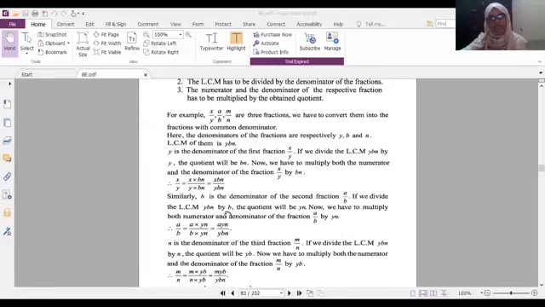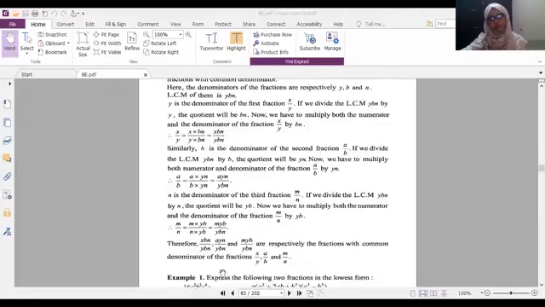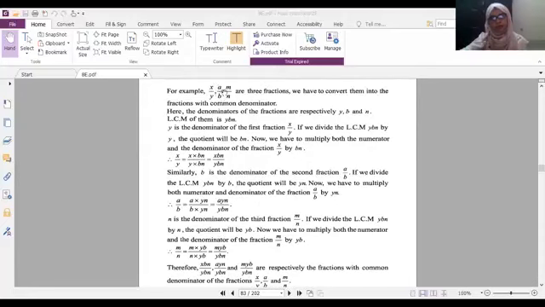Here we see that the denominators of these three fractions are the same. So we can say that xbn by ybn, ayn by ybn, and myb by ybn are respectively the fractions with common denominator of the fractions x by y, a by b, and m by n.